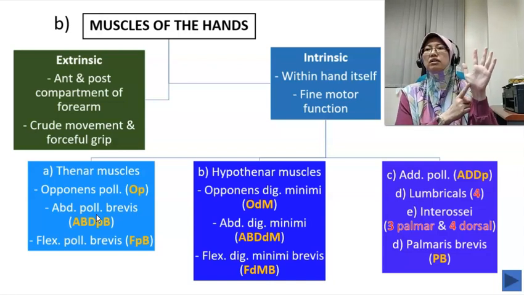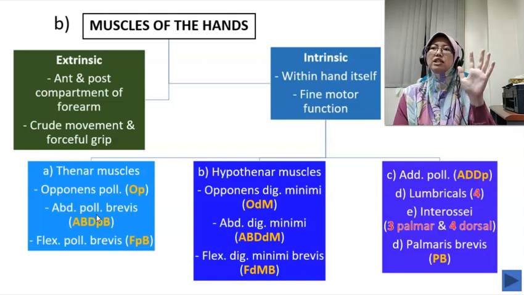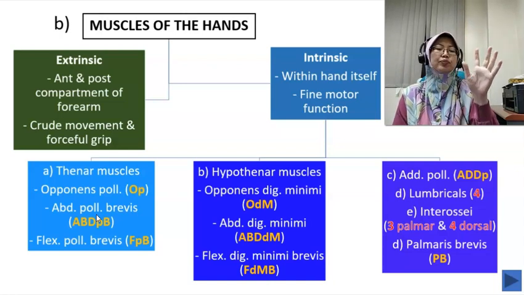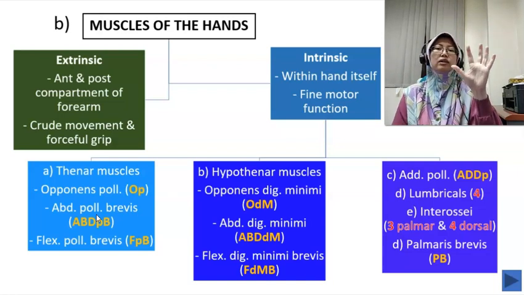The 3 muscles that form the thenar muscle are opponens pollicis. Remember, I mentioned yang all the pollicis is related to thumb. Opponens by the name itself, dia responsible in opposition of your thumb ya.